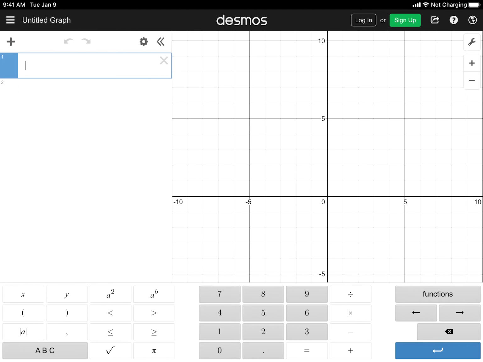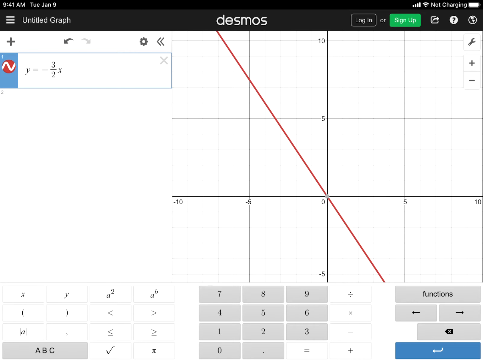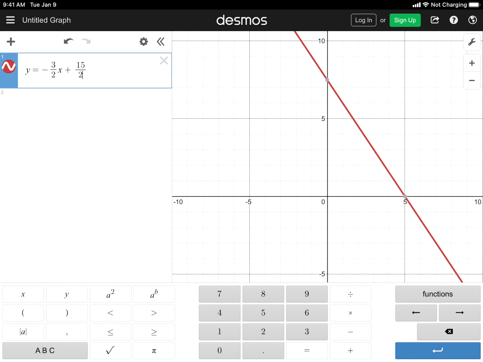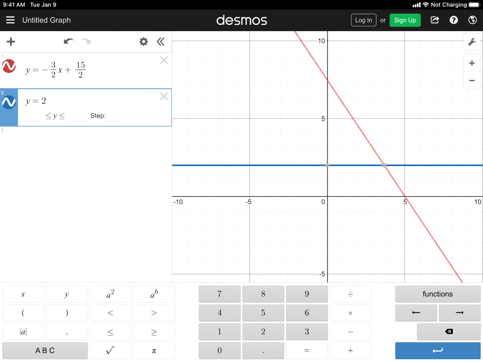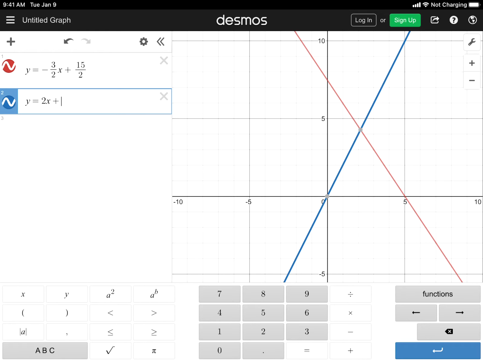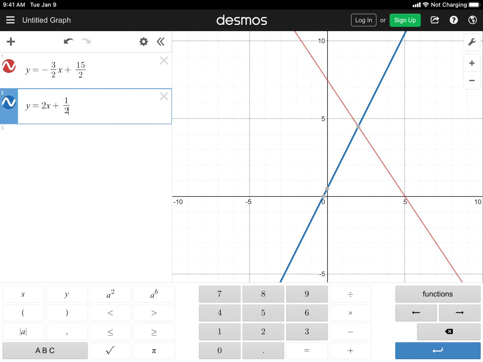Our first graph, we had y equals negative 3 halves x plus 15 halves. Our second graph, we had y equals 2x plus 1 half.